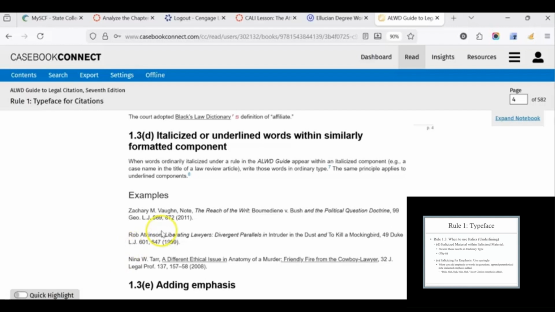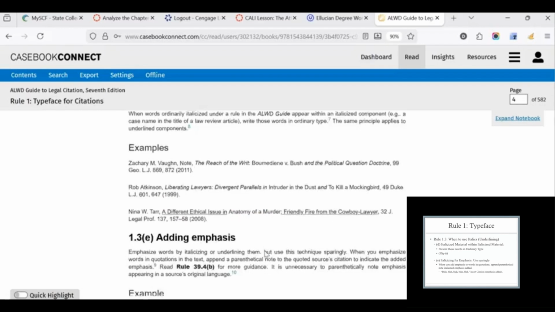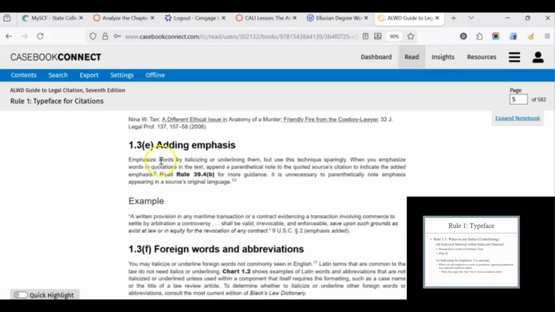All right, so sometimes 1.3e, you're going to see this quite often. And this is where you can actually add emphasis to a word. So when you're reading cases, you're going to see something called emphasis added at the end of a particular sentence.